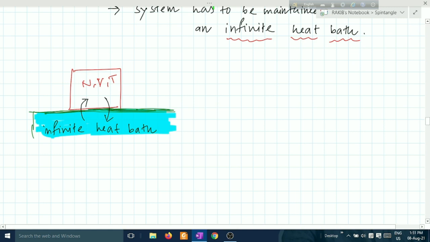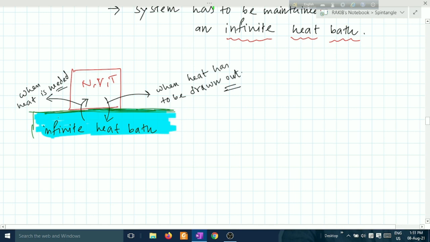This means when heat is needed, and this means when heat has to be drawn out. In the example, I told you that when the system cools down, it needs some heat to maintain its particular temperature.